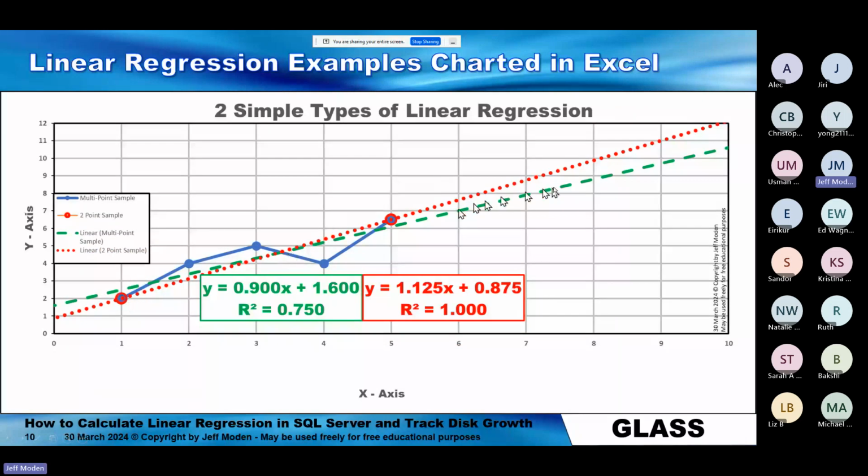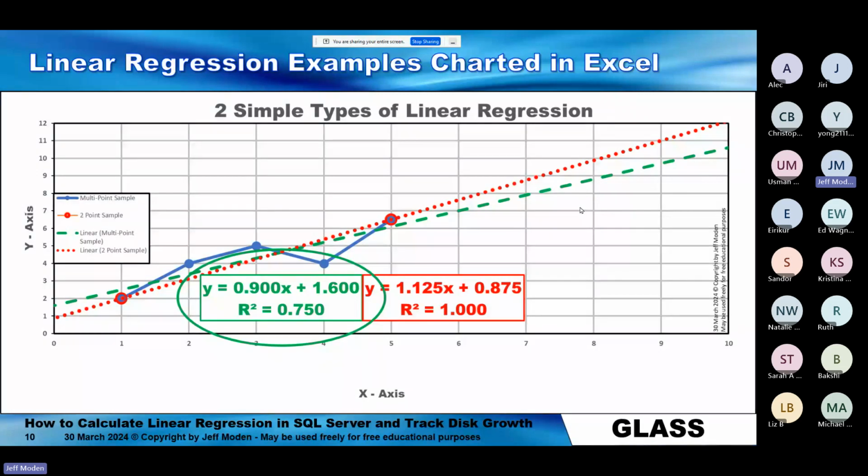I just drew up the line for the multi-point sample. It's this green dashed line. And of course, it has its own line formula that considers all 5 points. I know 5 points is kind of small, but I just wanted to keep it realistic for now.